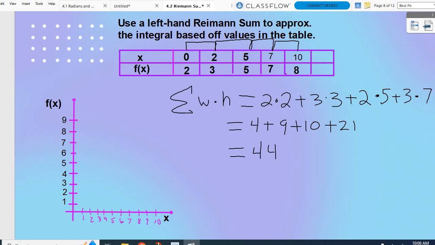Is that right? We also don't know if it's consistently increasing or decreasing. So we can't say if it's an over or an underestimate. So that's just our answer.